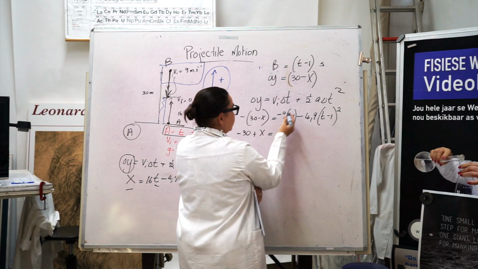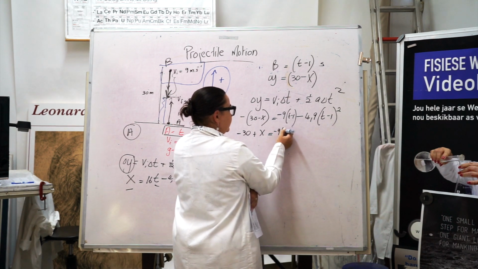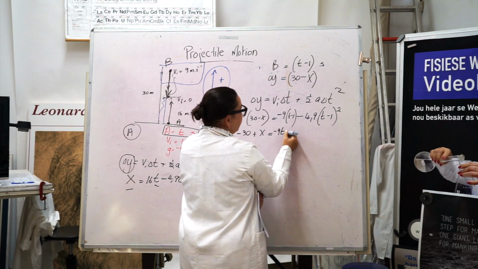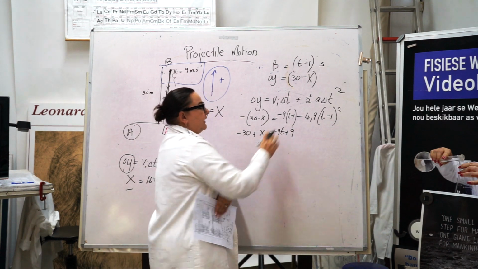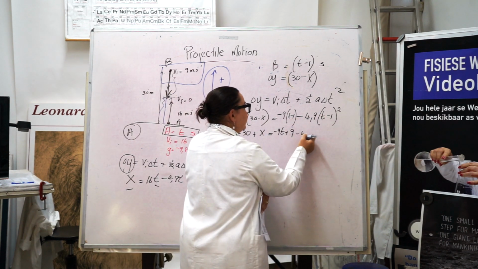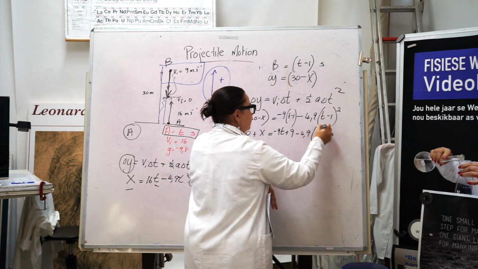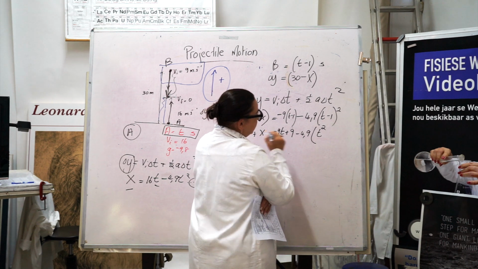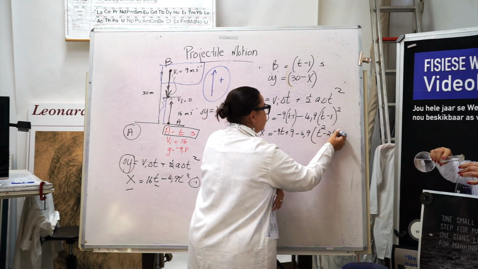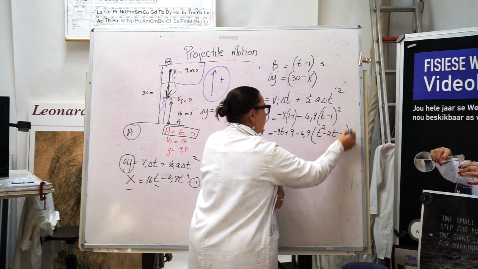Let's start. So it's going to be minus 9t plus 9. Here I've got a minus 4.9 times t times t is t squared minus 2t plus 1.